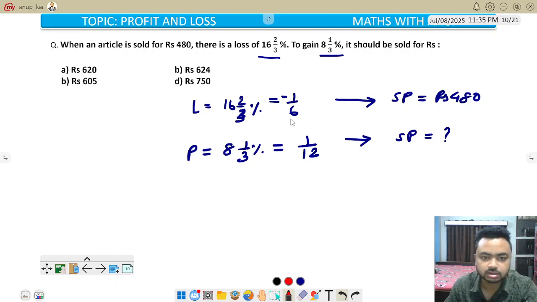See, loss and profit depend upon the cost price. This is my loss: numerator is loss, denominator is cost price. Here numerator is profit, denominator is cost price. So my cost price should be the same in both conditions, because in both cases we bought it for the same cost price, right? So here we will multiply with 2, and here we will multiply with 2. So we will get minus 2 upon 12. Okay.